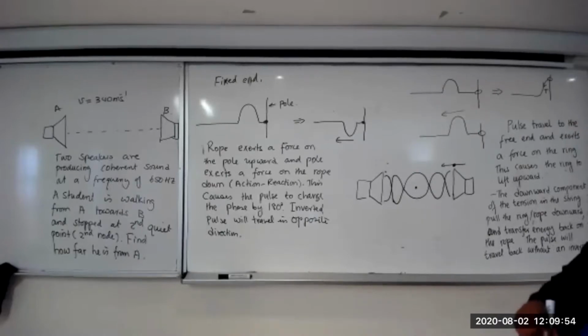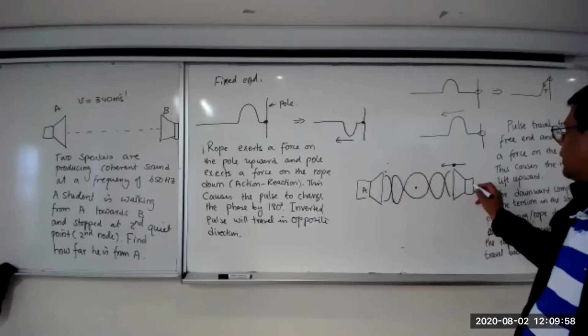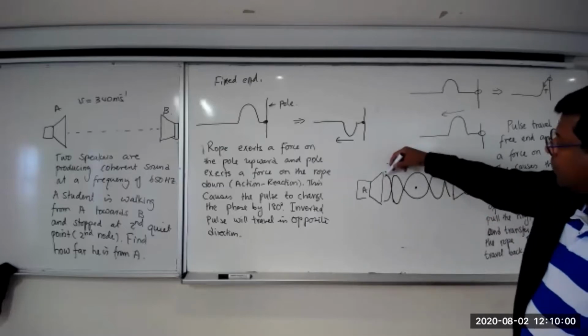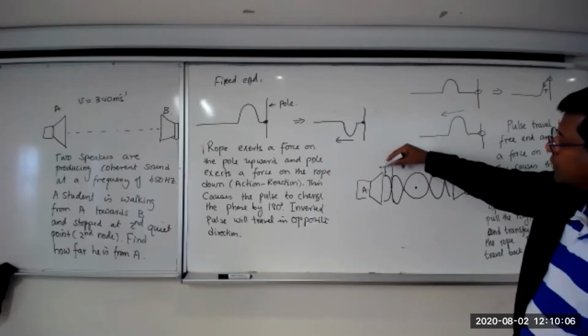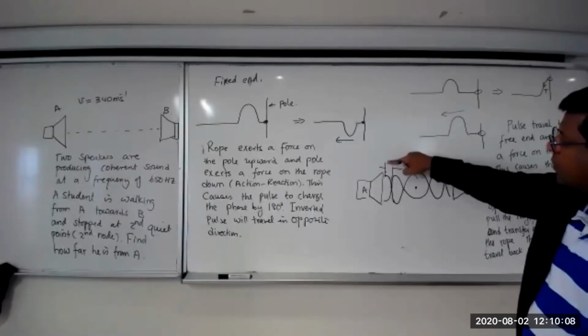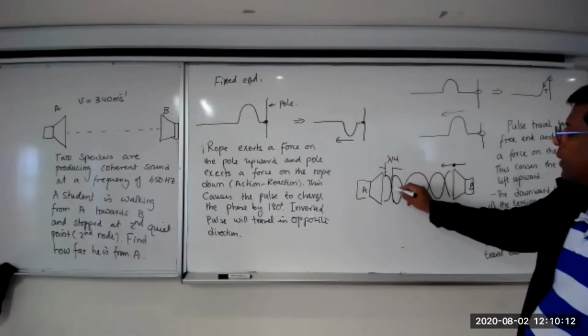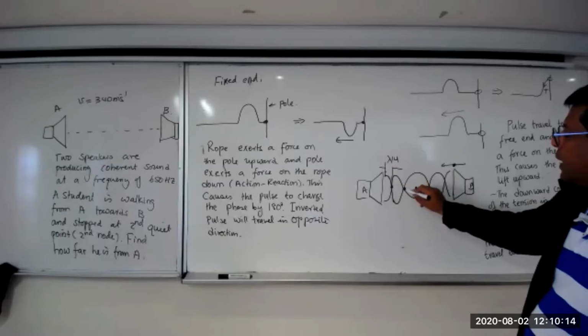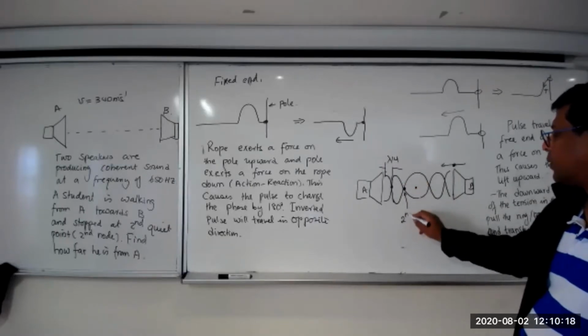Okay guys, just to save time. So he's walking from the end towards B. Remember, this is an antinode. Antinode to node position, that's a quarter wavelength, lambda on 4. And from a node to another node, that's the second quiet point, second node.